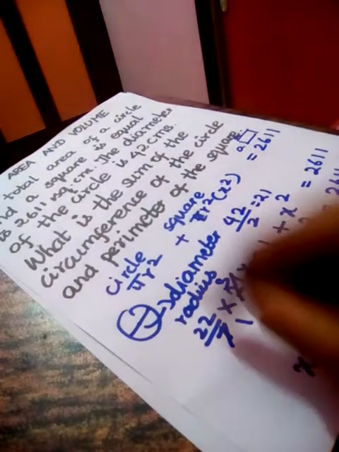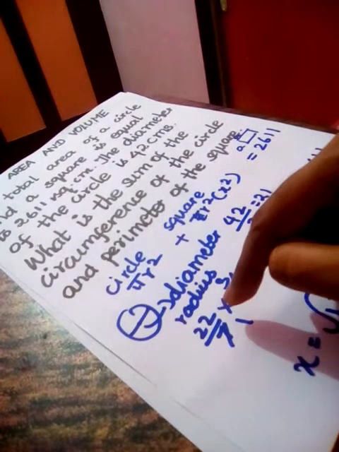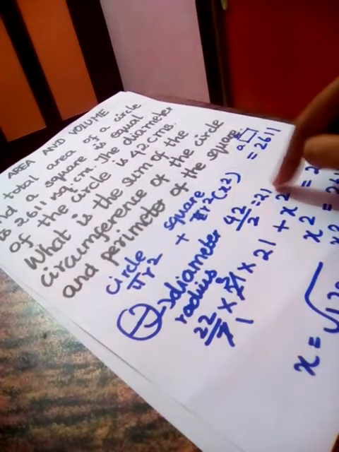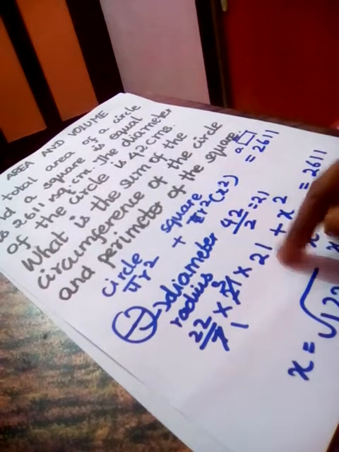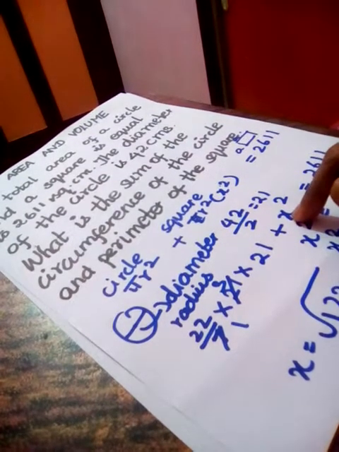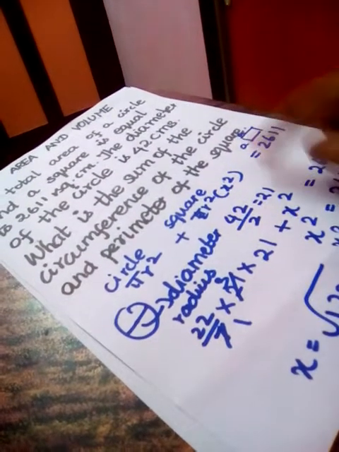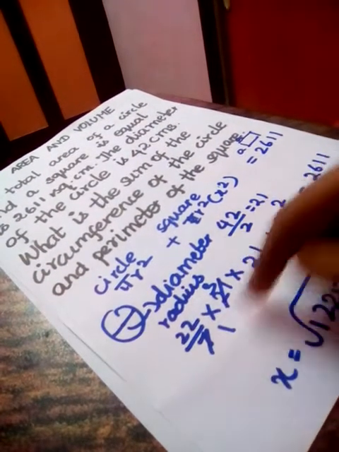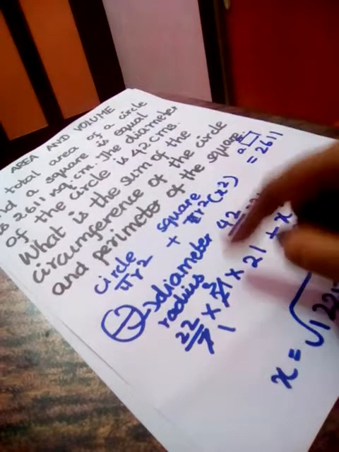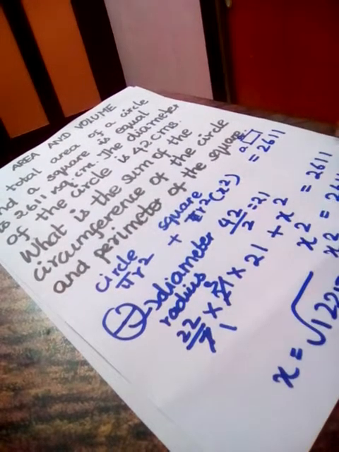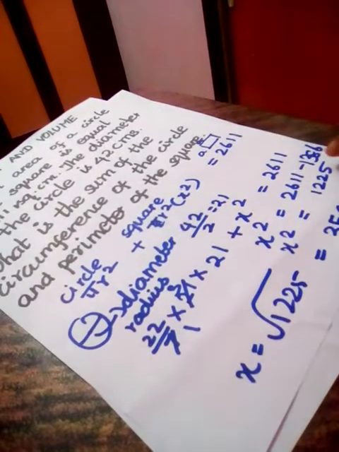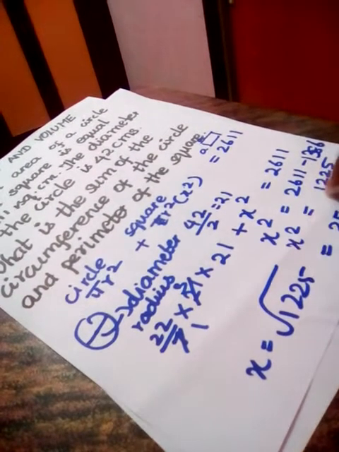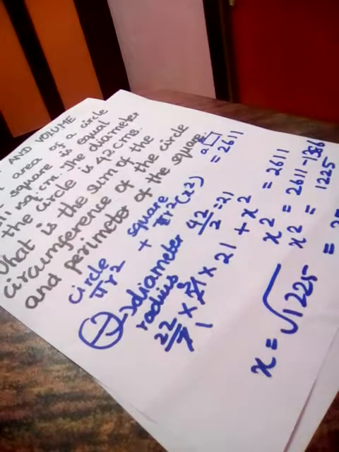By substituting the value, pi I already told 22 by 7, and substituting the value of this radius, we will be getting this, and this is nothing but a, that is the side, that we should find. After calculating this value, on taking all these values to this side, the plus will become minus, hence we will get 1225, and x square goes to this side as root, so therefore 35 centimeter.